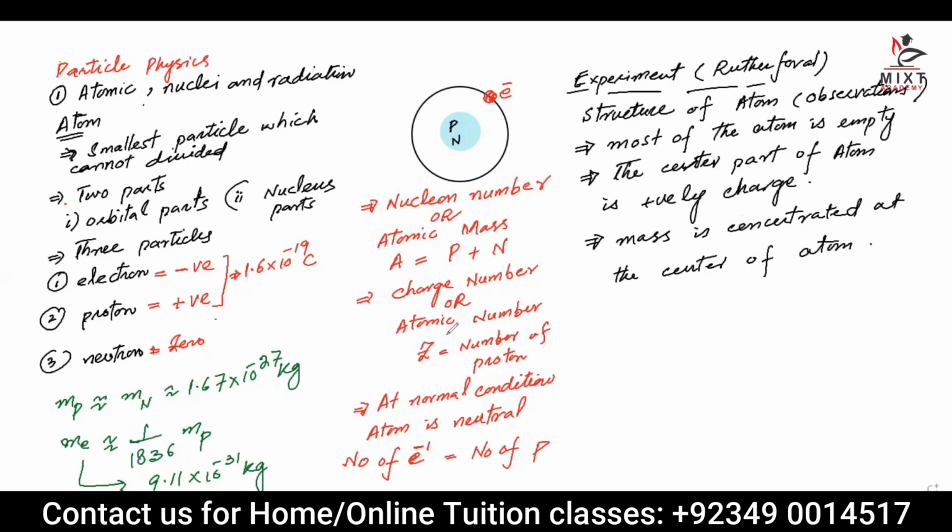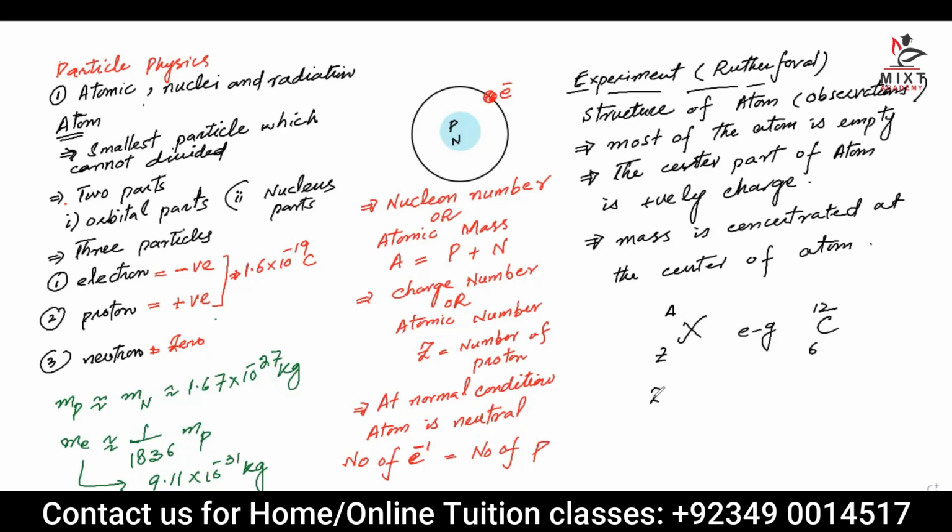It was found by Rutherford, who did the experiment on gold foil, throwing alpha particles, meaning positively charged particles. Now, in the periodic table they have written Z and A. For example, carbon is 6 and 12.